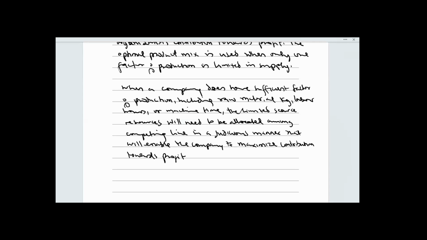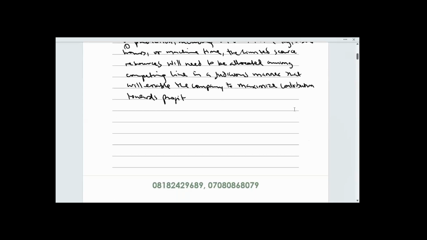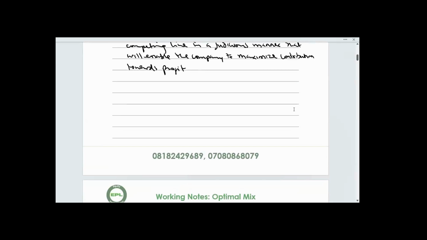So let's say, for example, you want to produce and you are going to need material kilogram. You have product A, product B, and product C. The material kilogram required by product A is, let's say, 5 kilogram, B is 4, then C is 8.